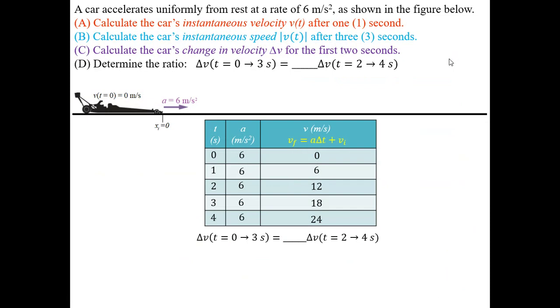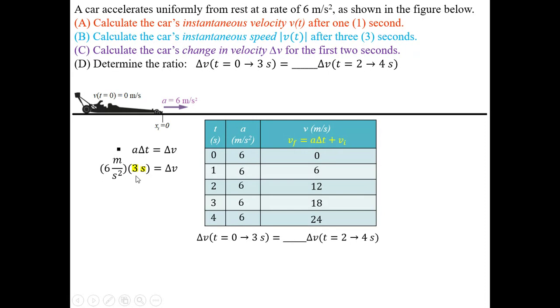All right, let's do part D. Part D wants us to find a quick ratio between the change in velocity for the first 3 seconds and the change in velocity from 2 to 4 seconds. In order to figure out what this blank is, in order to make it a true statement, we can just find delta V here and then delta V there and make a comparison, okay? Well, to find delta V from 0 to 3, once again, I'll just apply the physics function here. Acceleration is 6.